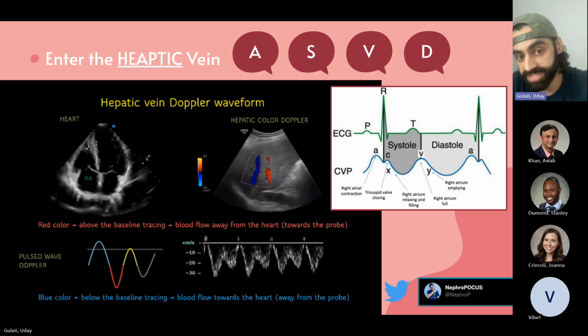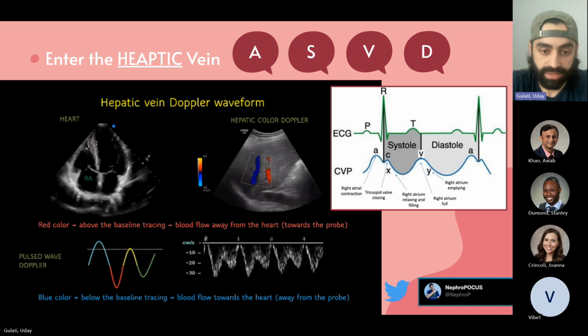So instead of going into the IVC, it's leaving the IVC and going back into the liver. You can imagine that the liver cells are drowning in fluid with every other heartbeat, instead of what they're supposed to be doing, which is sending fluid from the liver into the IVC towards the heart.